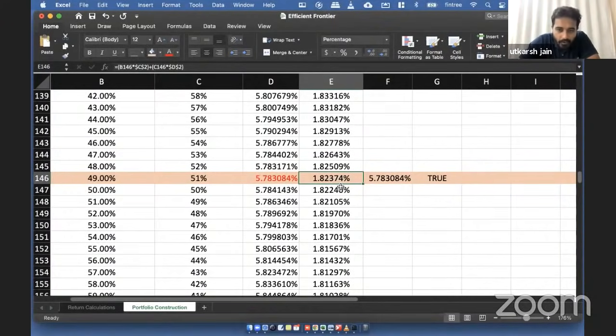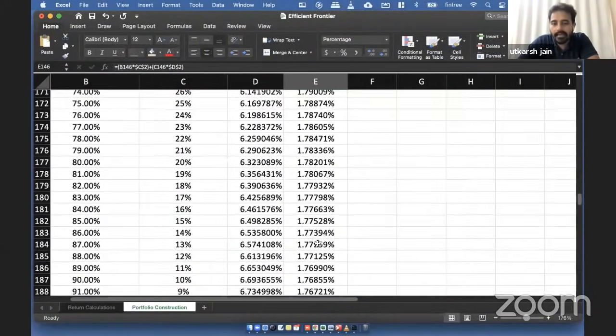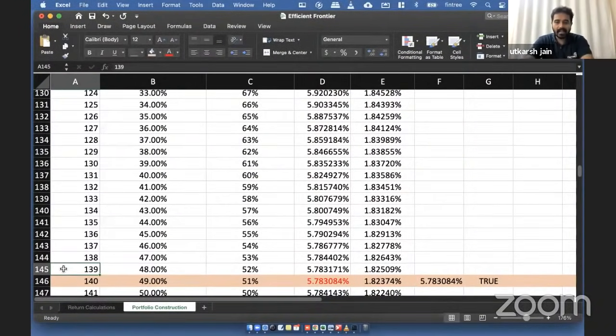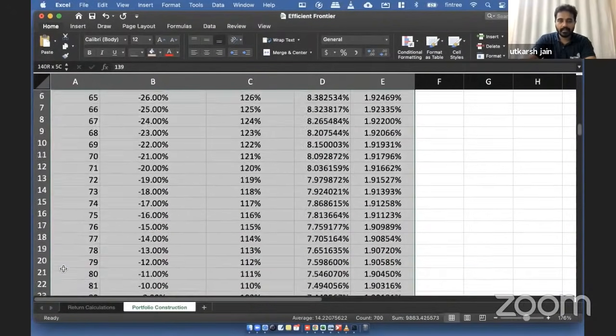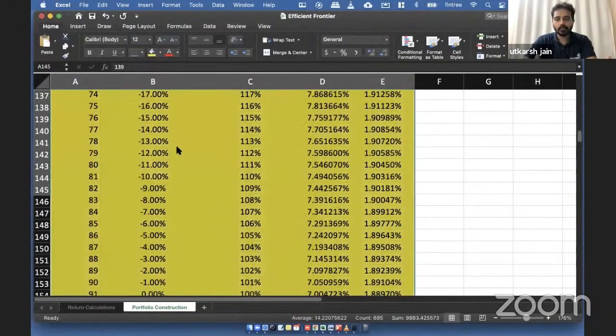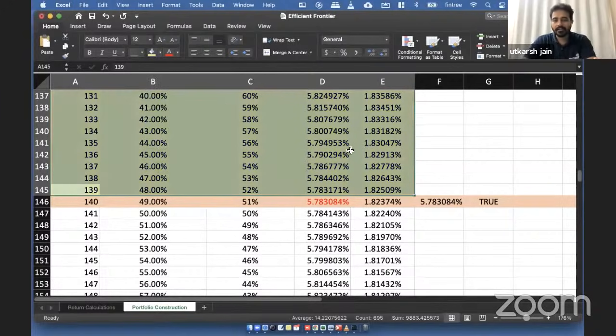So you tell me, should I go in the down direction or should I go up from here? Like, where am I earning more returns? Look at this. Every portfolio above this is earning more return, and every portfolio below this is kind of earning less return. And the more I go down, the more negative returns I start having, right? So it looks like this entire range, which is above the yellow shaded region very soon, that's a gross color, the light green shaded region.